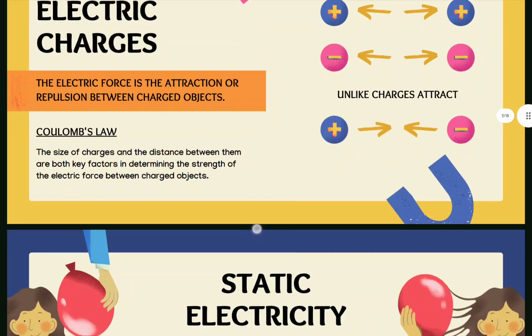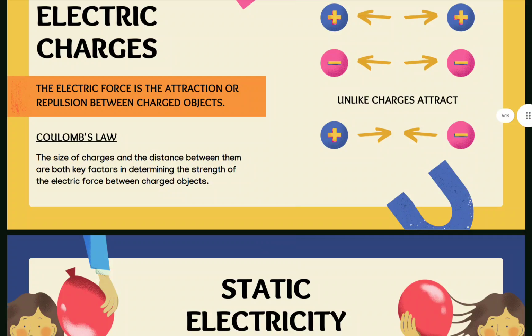Okay, now to explain these sort of laws, the unlike and the like laws, we have numerous physicists, numerous scientists who have given their own respective theories. One of the most eminent physicists in the field of electricity and magnetism is Coulomb. Okay, he gave his laws. What did he say?